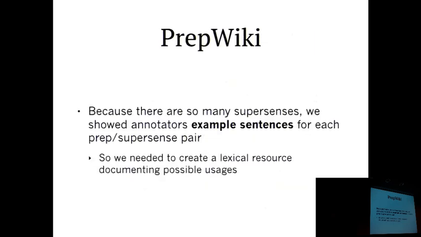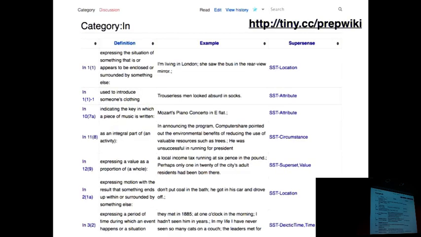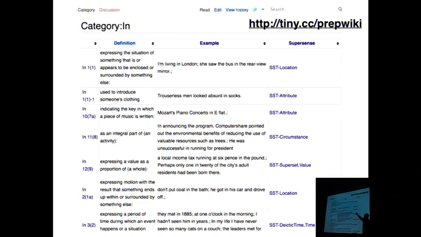Because there are so many of these categories and so many prepositions to worry about, we needed to create a lexical resource to help people out. So we created a wiki. This is called PrepWiki. It has entries based on a previous resource, the Preposition Project Lexicon, and examples from that resource as well as ones that we added.